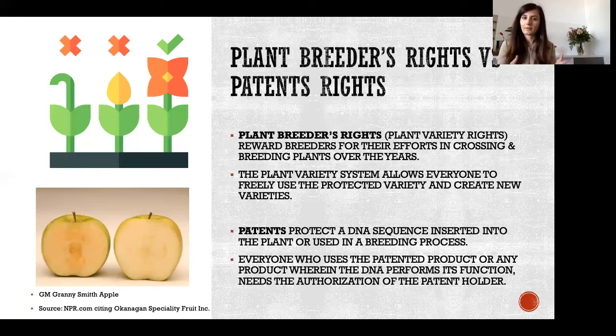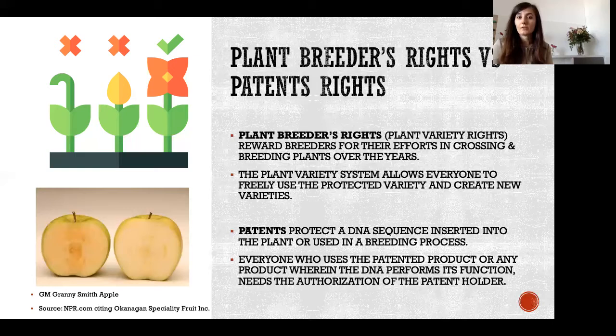So the patent right holder would be the one that would have more power and would probably even negate the deal because it cannot be sure of the commercial utility and application of its invention.